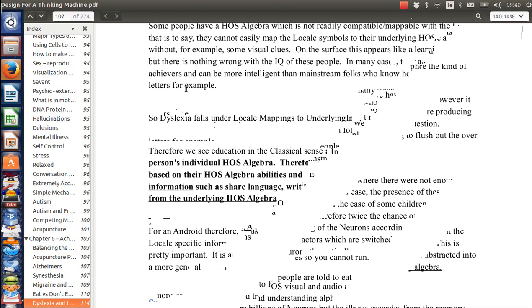So we then see that learning is basically related to the mapping of the HOSL to the locale, and that's what we're doing when we go to school and learn these things. It's about mapping things from your HOSL to your locale, whether it's the alphabet or the numbering system or the various things that are unique to your country.